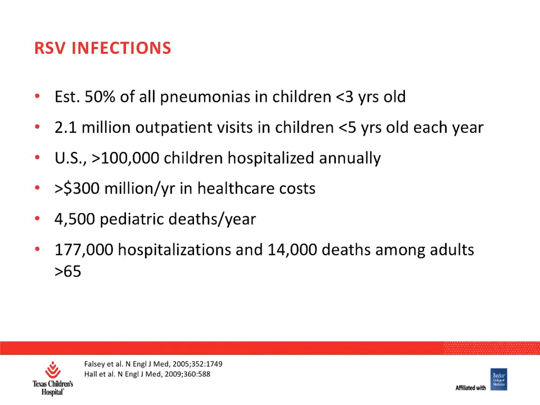Also, more recently, we've come to recognize that RSV is a significant player in the older population as well, where we do see a lot of hospitalizations and mortality due to RSV in patients greater than 65 years of age.